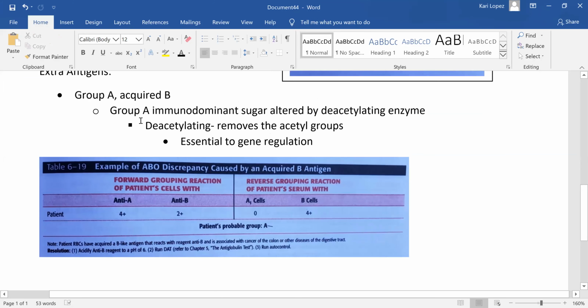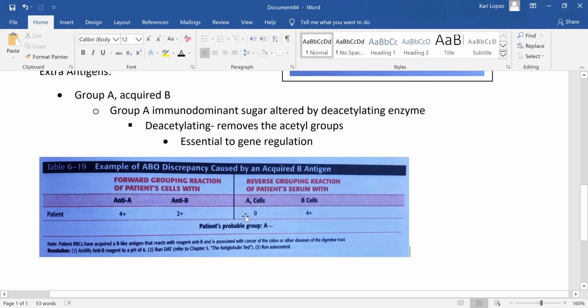So with group A with an acquired B antigen, you will forward type with your anti-A like you normally would, but you're also going to forward type with anti-B with a weaker reaction than you would if they were type AB.